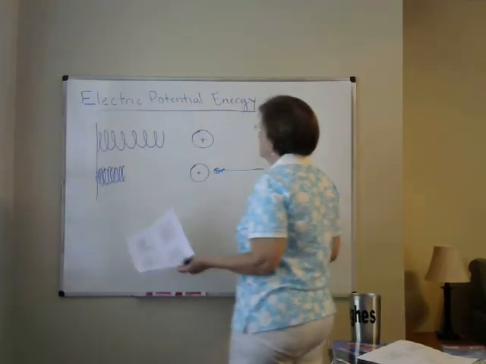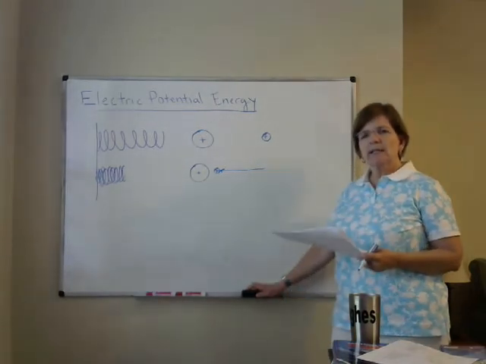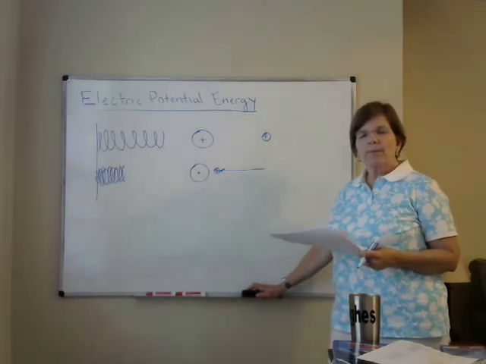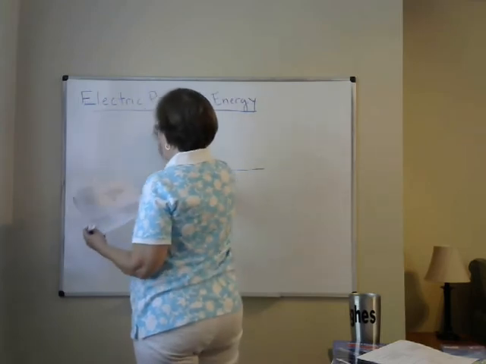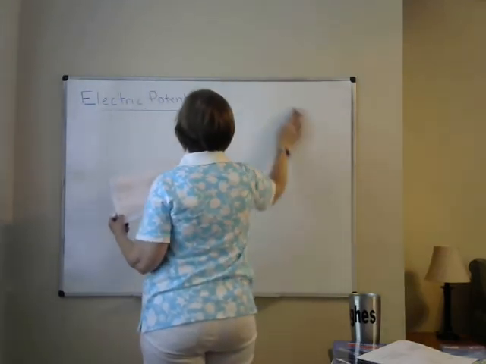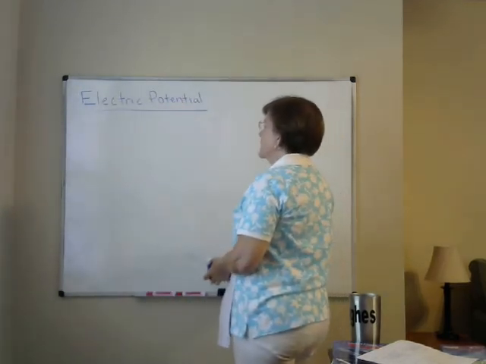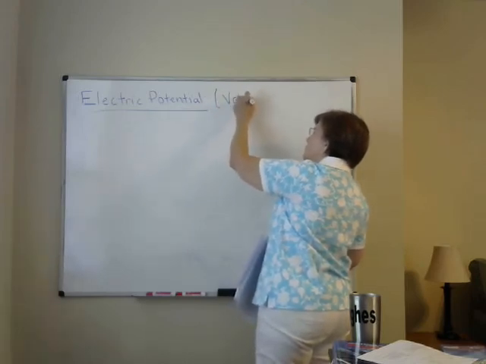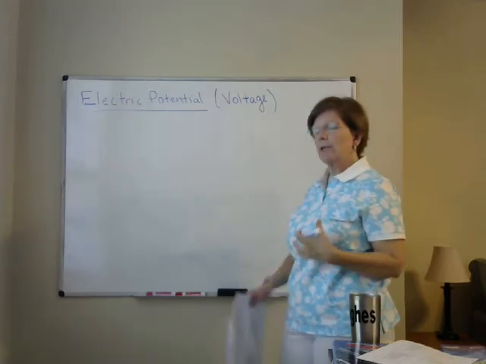Now, we can talk about electric potential energy when we study electricity, but it's actually not what we talk about the most. Instead, we usually talk about something called the electric potential. Sometimes it's called the electric potential difference, and it's often called plain old voltage, because electric potential is measured in volts.